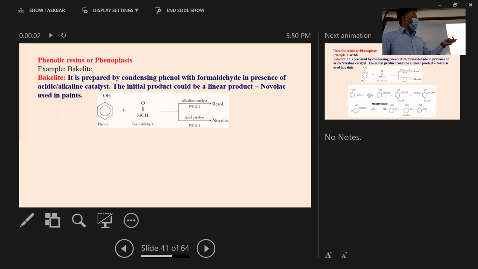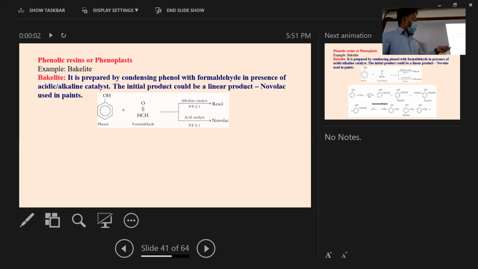The initial product could be a linear product, Novolac, used in paints. This is our Novolac. So we can use phenol and formaldehyde to make the color used in paints, Novolac.